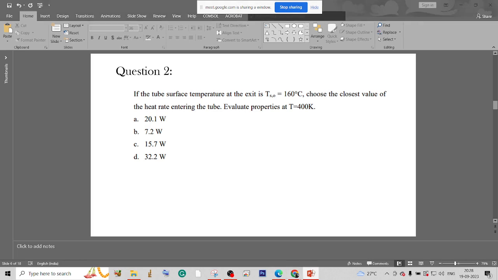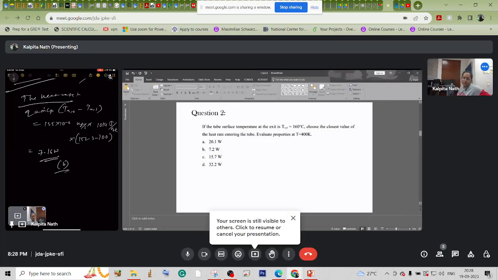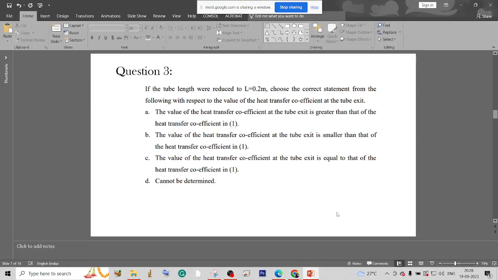Now let us proceed to the next question. If the tube length were reduced to 0.2 meter, choose the correct statement with respect to the value of the heat transfer coefficient at the tube exit. So if the length is reduced to 0.2 meter, what will change?